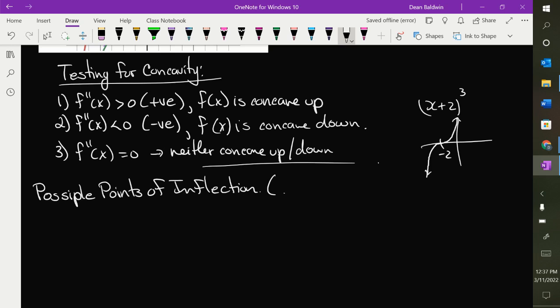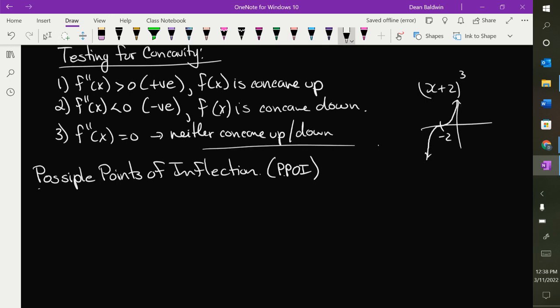Possible points of inflection, I'm going to shorthand that to PPOI. Possible points of inflection are similar to critical numbers, except because we're talking about the curvature of the graph, it's when the second derivative is equal to 0 or undefined.